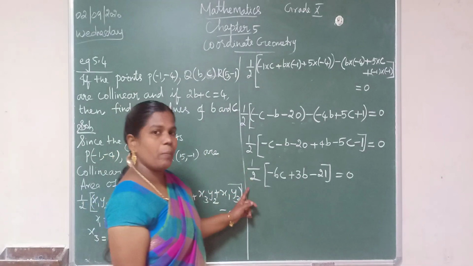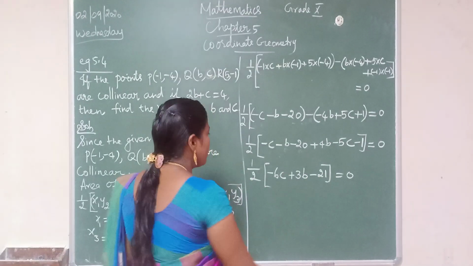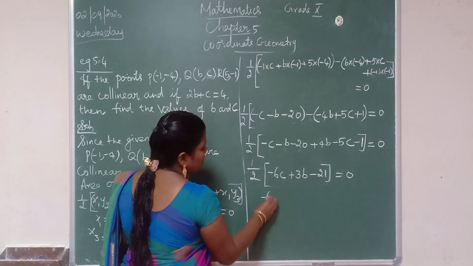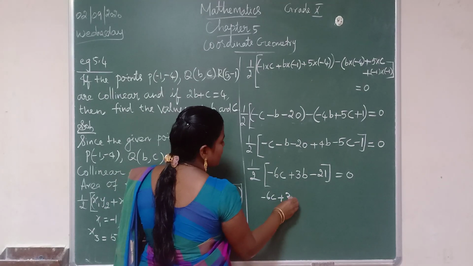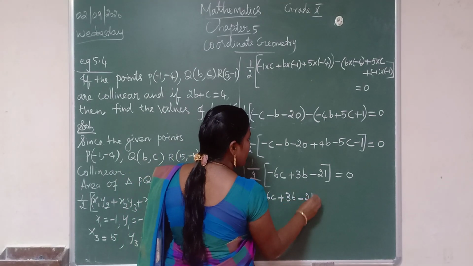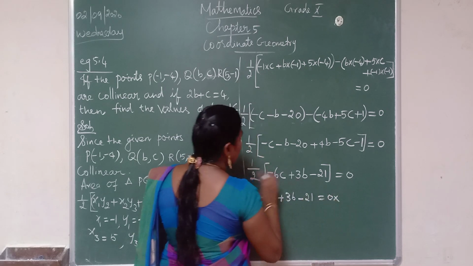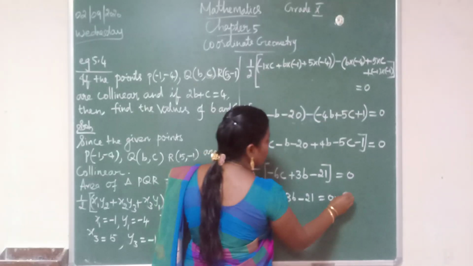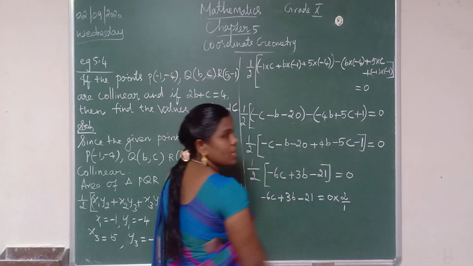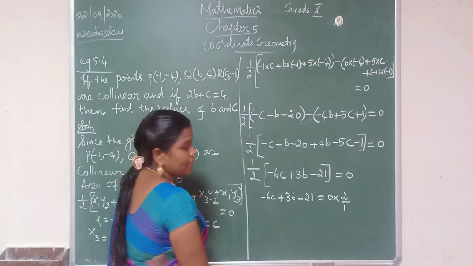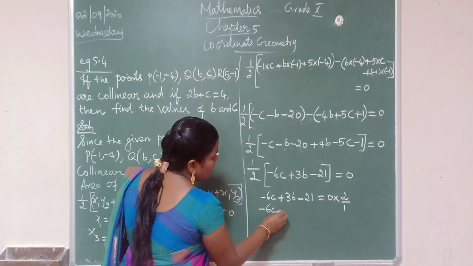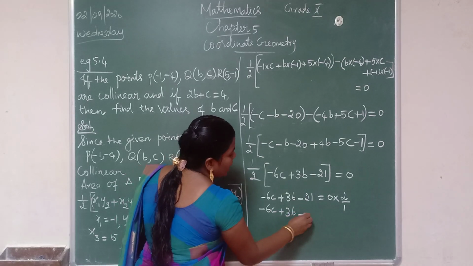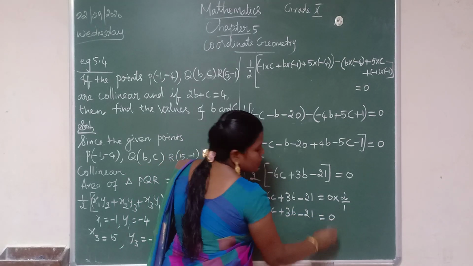Further, this 1 by 2, let's take that side. Remove the bracket: minus 6c plus 3b minus 21 equal to 0 into this 1 by 2, bring that side, so we get 2 by 1. Any value times 0 is 0. So let's write the next step, minus 6c plus 3b minus 21 equal to 0.